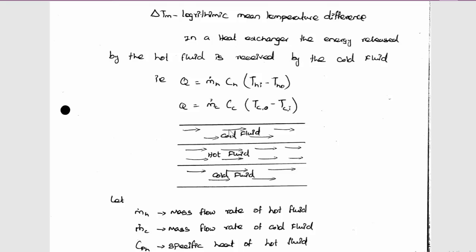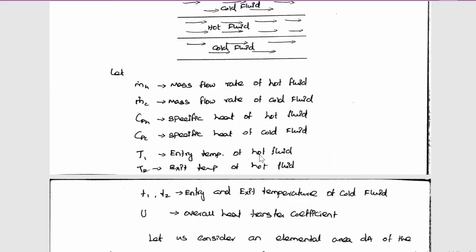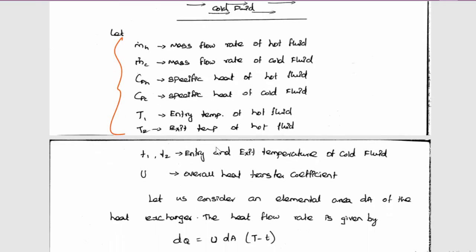Here I am writing the equation for the hot fluid, Q equal to m dot h into Cph into (Thi minus Tho), that is the entry temperature and exit temperature of the hot fluid. Similarly for the cold fluid it is mc into Cpc into (tco minus tci). This is the mass flow rate of the hot fluid, and this is the mass flow rate of the cold fluid. Okay, these two equations I am taking. I have given all the nomenclature here.